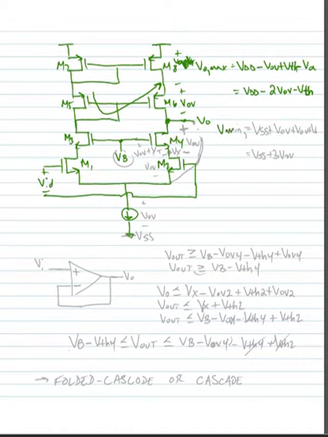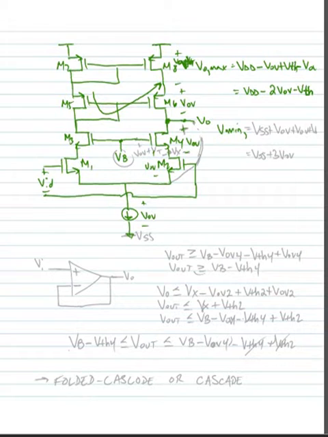Alright, now let's think about what I need for a minimum here. What's V out minimum? So here I'm going to come from the bottom, and I know that my output voltage can't be low enough that I cause M4 or M2 to leave saturation. And in this case I just need a VOV across M4 and a VOV across M2. Let's assume that this was a transistor current source, I would also need a VOV for this device.